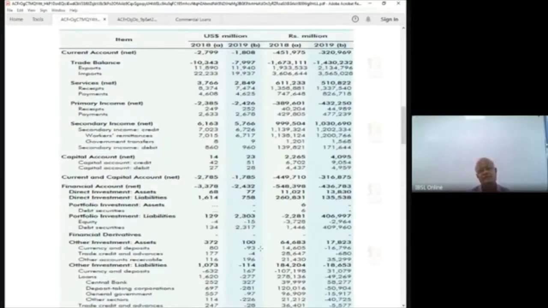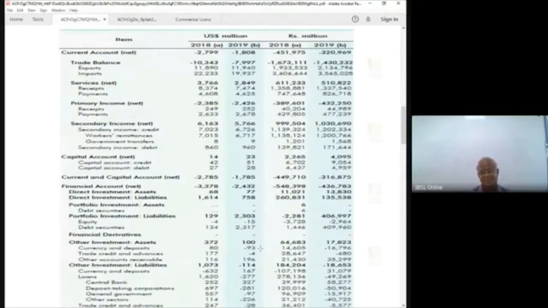The service account: earnings from tourism are entered in the receipts. For example, you can say total earnings in the credit item, receipts, was 8.3 billion, but in 2019 it was 7.4 billion, right?